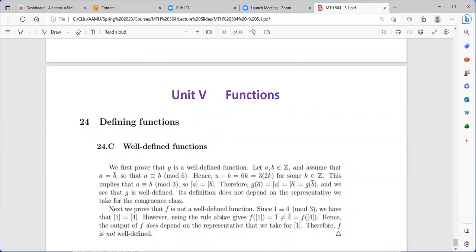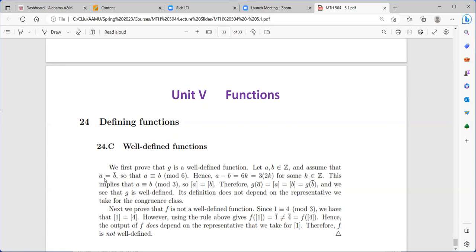So if the first coordinate of this relation is the same, then we get the same second coordinate.